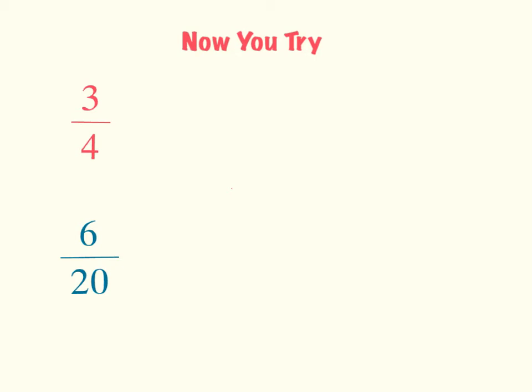Remember that my answers may not be the same as your answers. It depends what you are scaling by. So 3/4, if I want to multiply 3/4 by, let's do 5/5, that would give me 15/20. You might have chosen to do it by 2. If you multiplied by 2, you would have got 6/8, and so on.